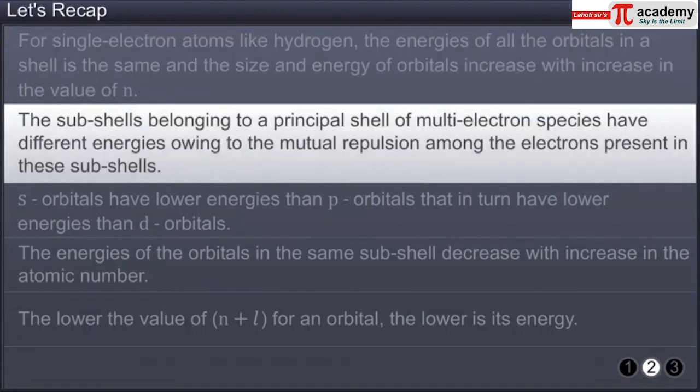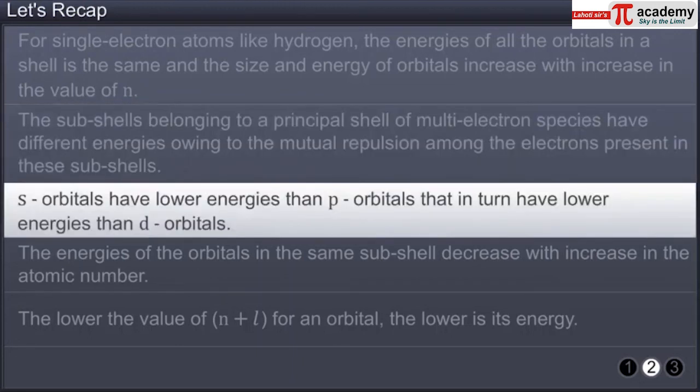The subshells belonging to a principal shell of multi-electron species have different energies owing to the mutual repulsion among the electrons present in these subshells. s orbitals have lower energies than p orbitals that in turn have lower energies than d orbitals.